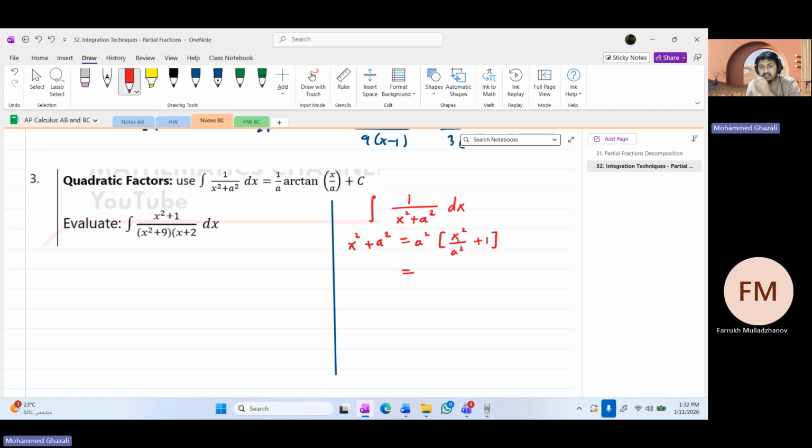And so now it's in the arctan form. Remember, this is a squared into x over a all squared plus 1. Okay? So that's the reason why we say let u equal to x over a. So du is now equal to 1 over a dx.